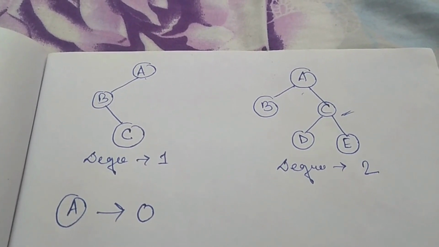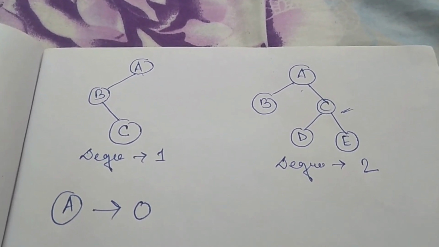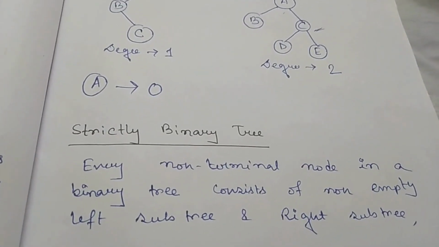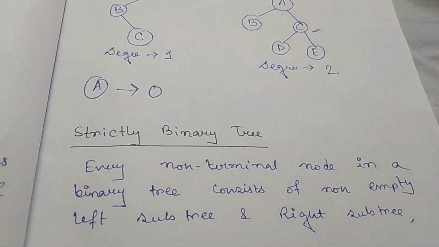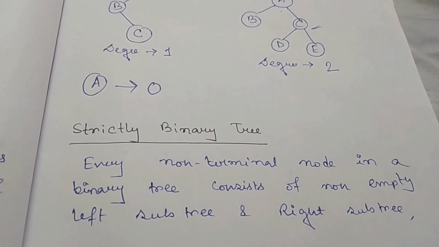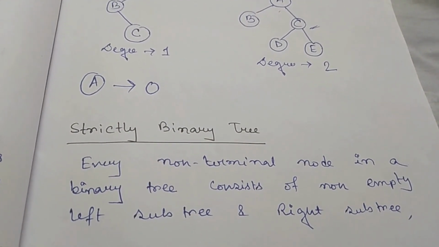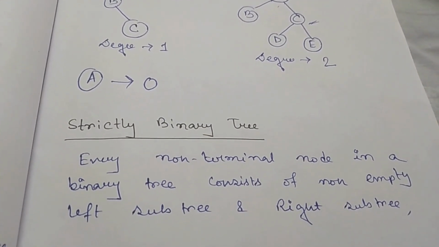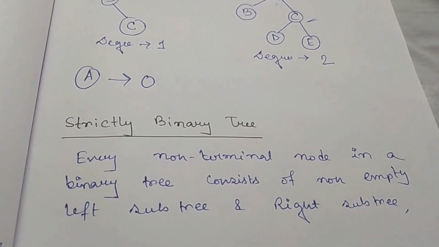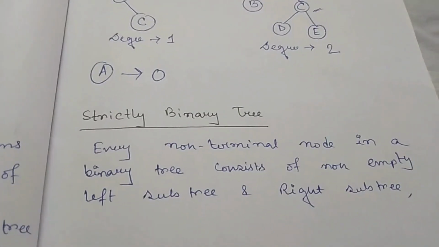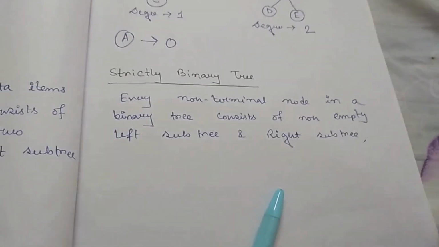Next, the related concept of a binary tree is strictly binary tree. Now, what is the definition of a strictly binary tree? In that case, every non-terminal node in a binary tree consists of a non-empty left subtree and right subtree. So, what is the pictorial representation, or what is the meaning of this definition?